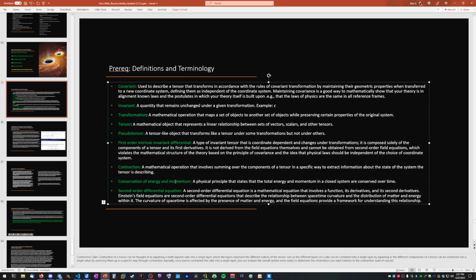Conservation of energy and momentum: a physical principle that states that the total energy and momentum in a closed system are conserved over time. What that means is energy can't be created or destroyed. Everything has to be conserved.